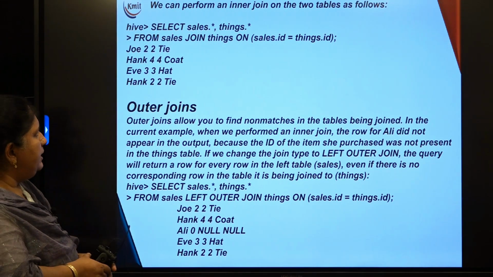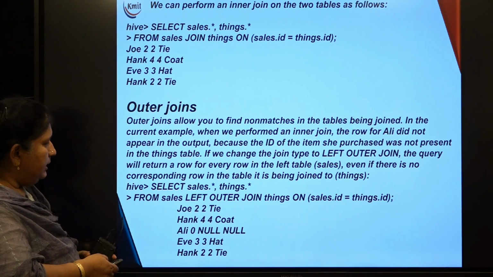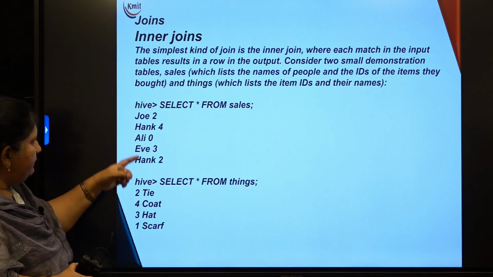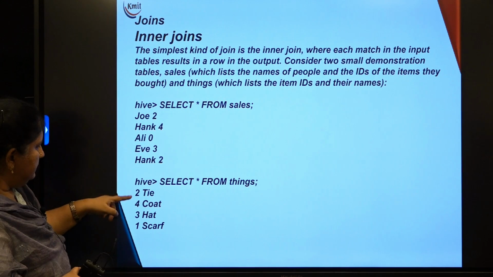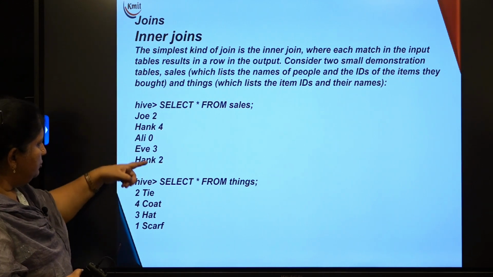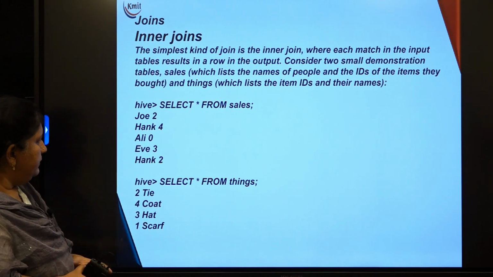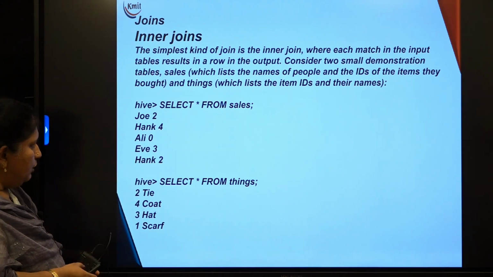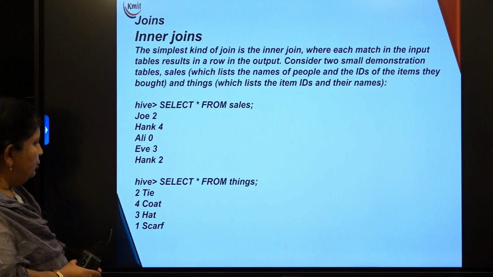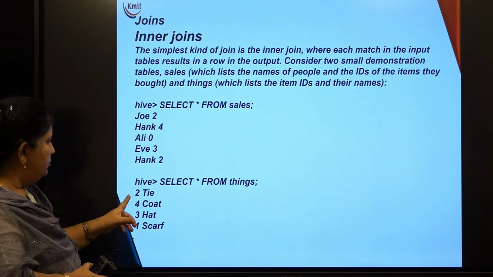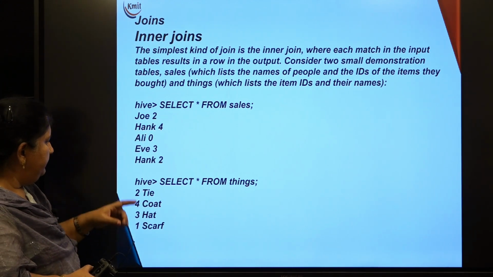Whenever you give this, what are the common attributes we have? 2, 4 is there, 3 is there, 2 is there. So which one will be missing? 1 here, 0 here. So let us see the output. How do I get it? Joe, 2, 2, tie should come.